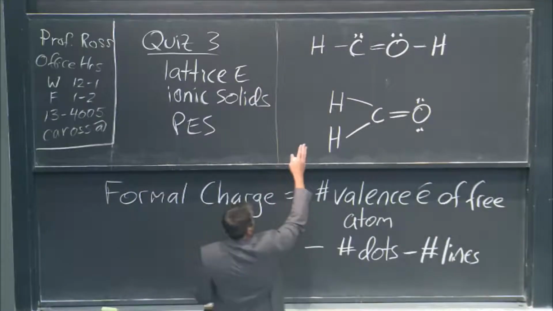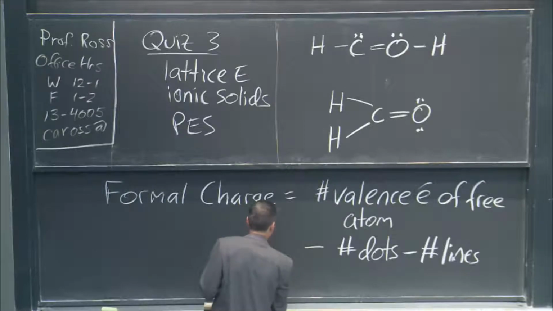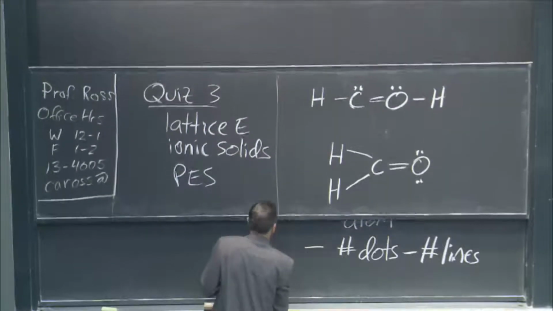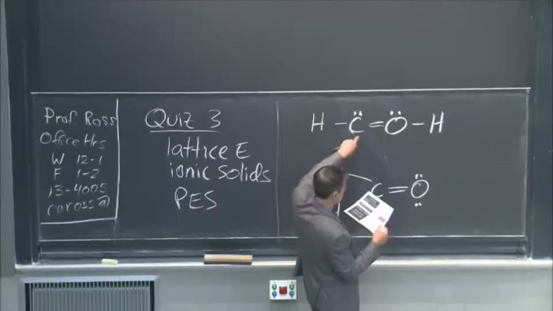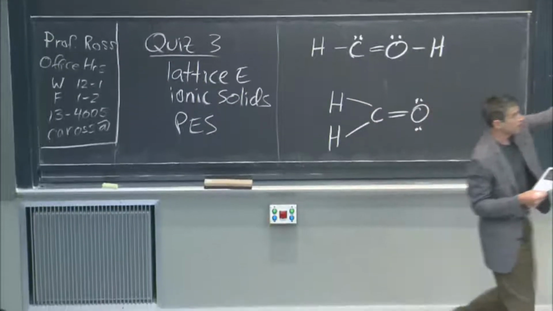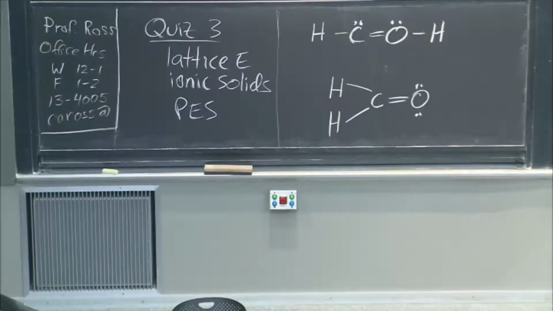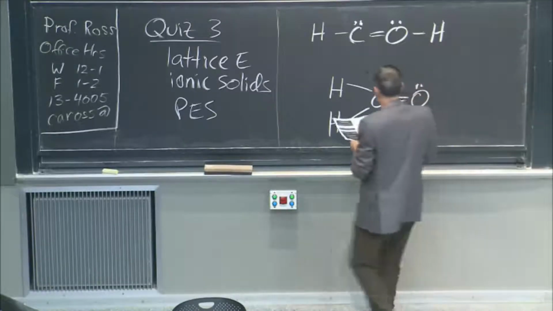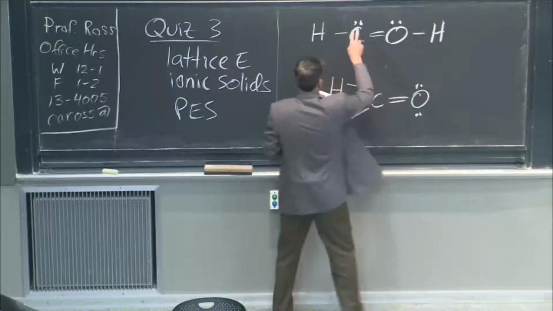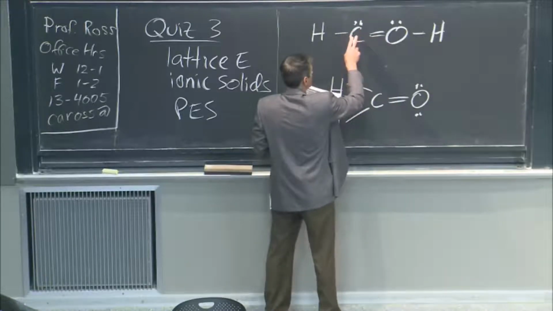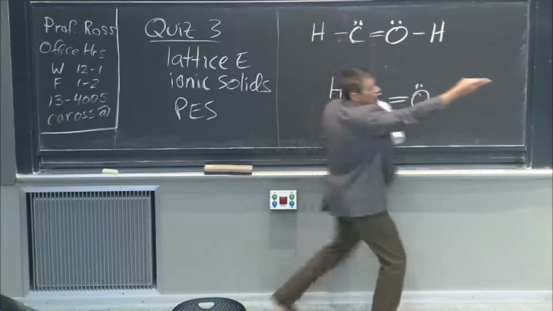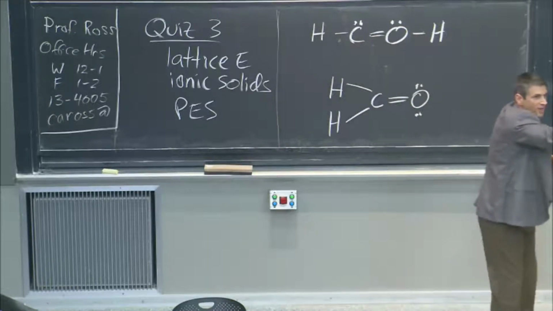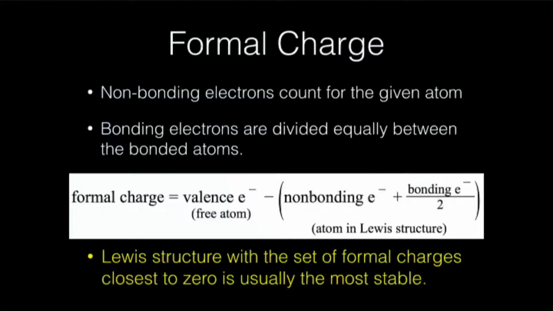So let's go up to this one. Now if I look at carbon in this configuration and I calculate the formal charge on carbon, it's going to be 4, the valence electrons of the free atom, minus 2, because it's got the 2 dots there, minus 3, or the total number of electrons involved in bonds divided by 2, 6 over 2, 3.